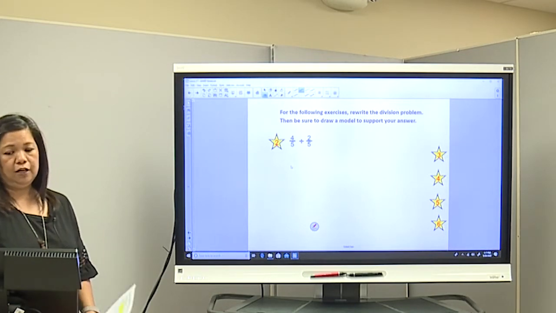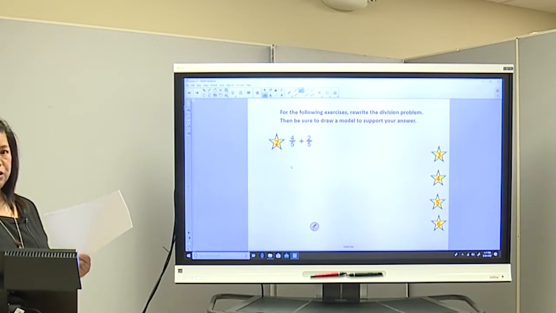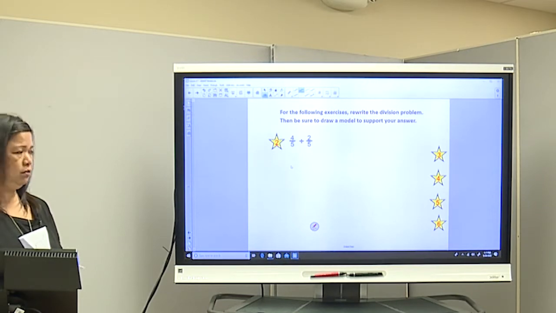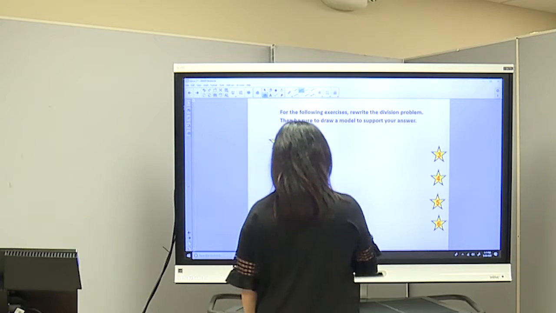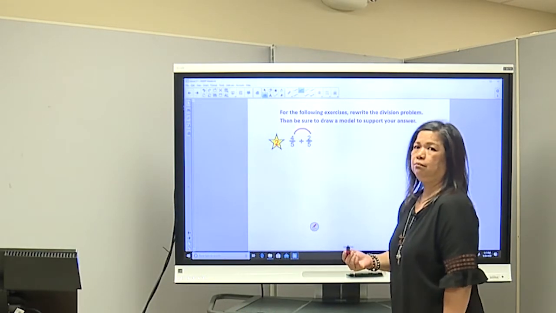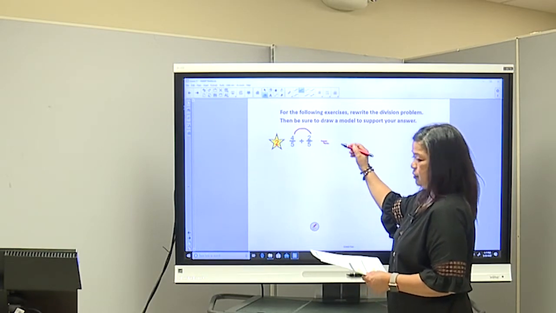If you look at our very first example where we showed the same units, the same denominator, what we are actually doing is just dividing the top number, right? So 4 divided by 2 is 2.